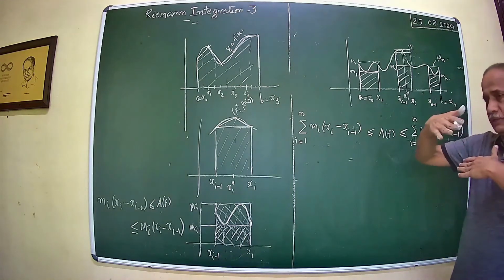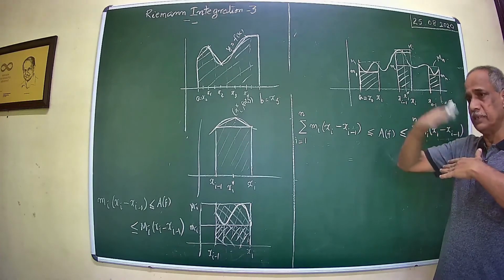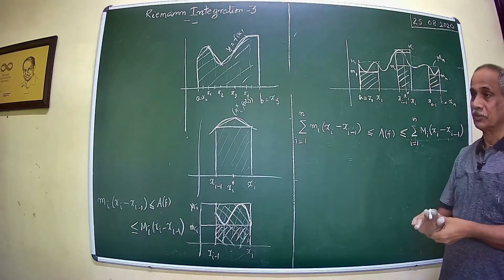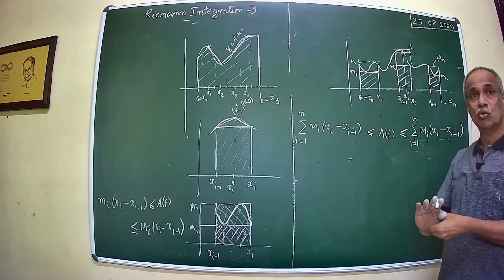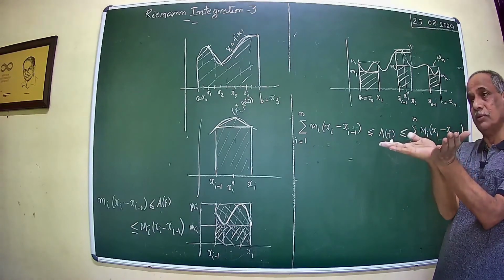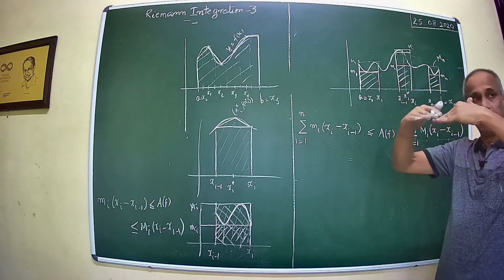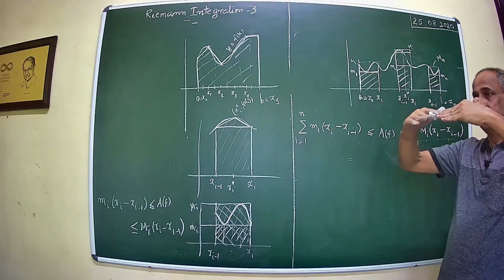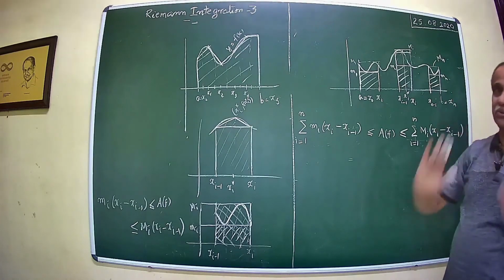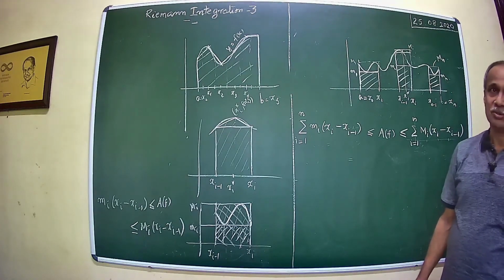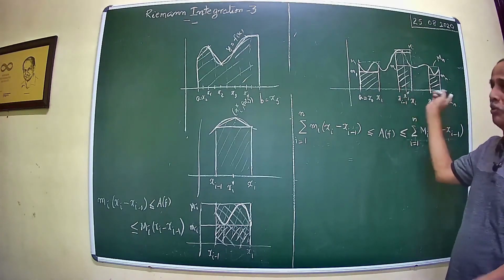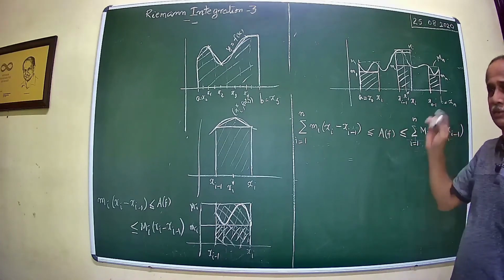So the effect of introducing extra points is to move the lower approximation closer to the actual area from below and bring down the upper approximation from above to the actual area. So the same inequality will prevail for the new partition also, except that the number of partitioning points will be more than what you have, so you have a corresponding sum.